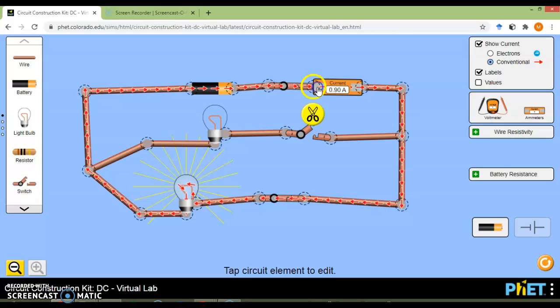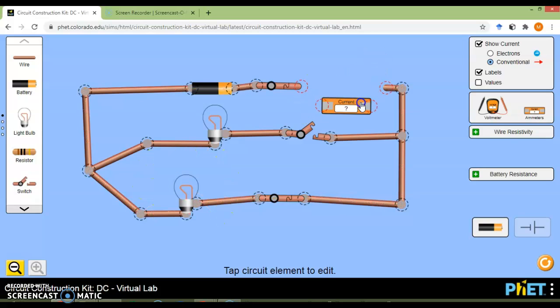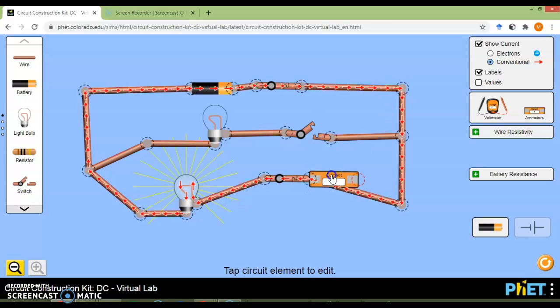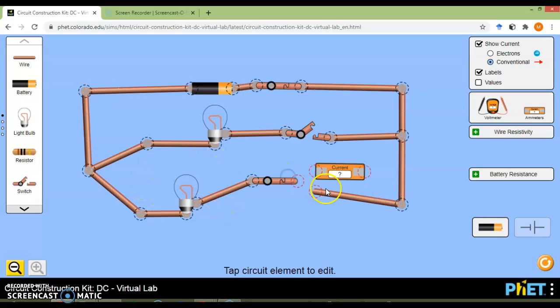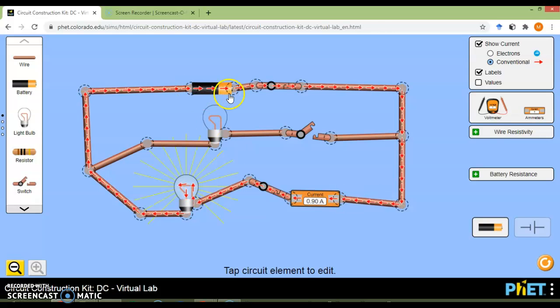So 0.9 ampere for the main current of the battery, and for the current of L2, it's also going to be 0.9 ampere because the current comes out here and has only one pathway to follow, so it's not going to be distributed.